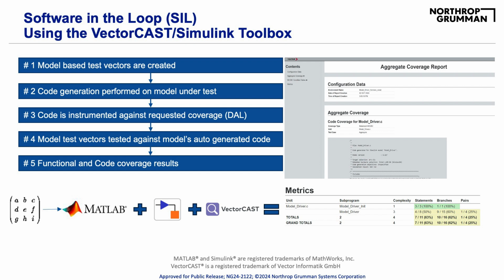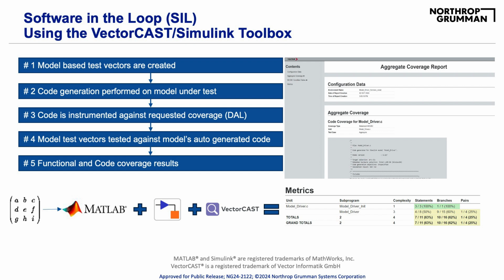So in our case, within the SIL environment, we're going to show how the VectorCAST Simulink toolbox is able to collect code coverage against the auto-generated code. This toolbox, developed largely by Jaime Segura of Vector, takes the model-based test vectors that were created originally for the modeling environment.